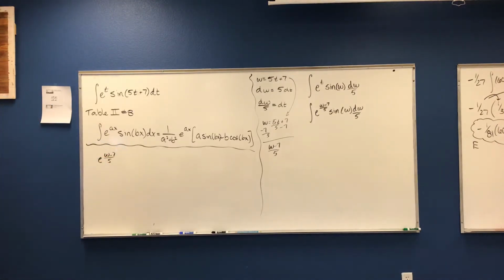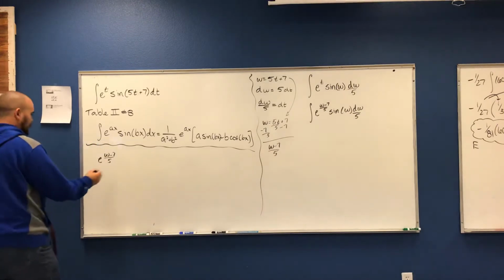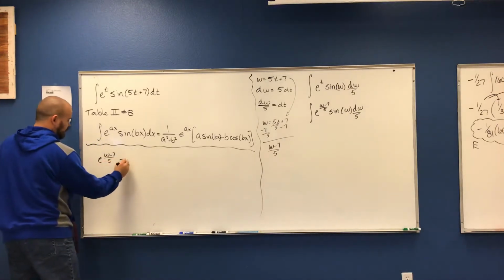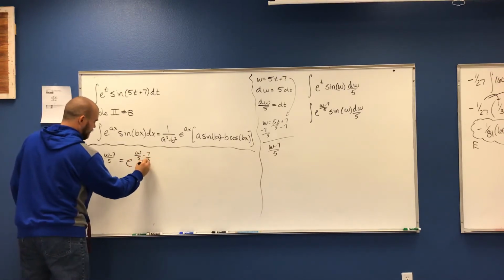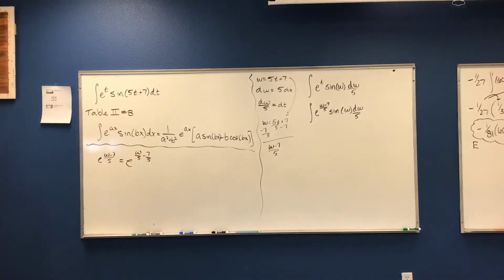And we're going to simplify this down as much as we possibly can. What I mean by that is I want to split it up so that I just have e to the one variable. Well, I can certainly write this as e to the w fifths minus 7/5, right? I can take that fraction, I can separate it into two parts. There's absolutely nothing mathematically incorrect with that.